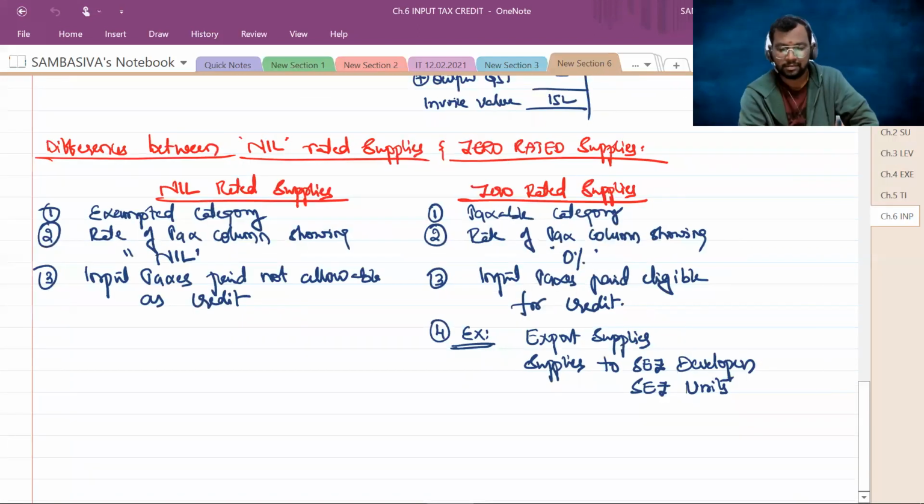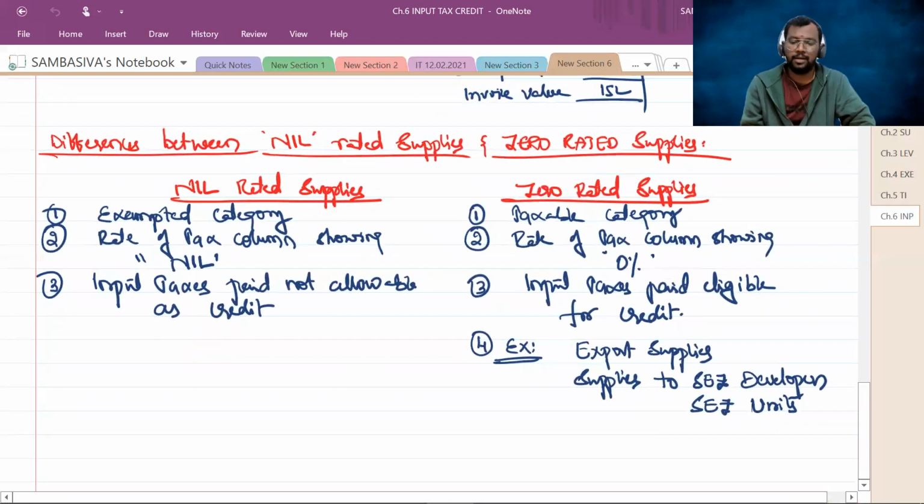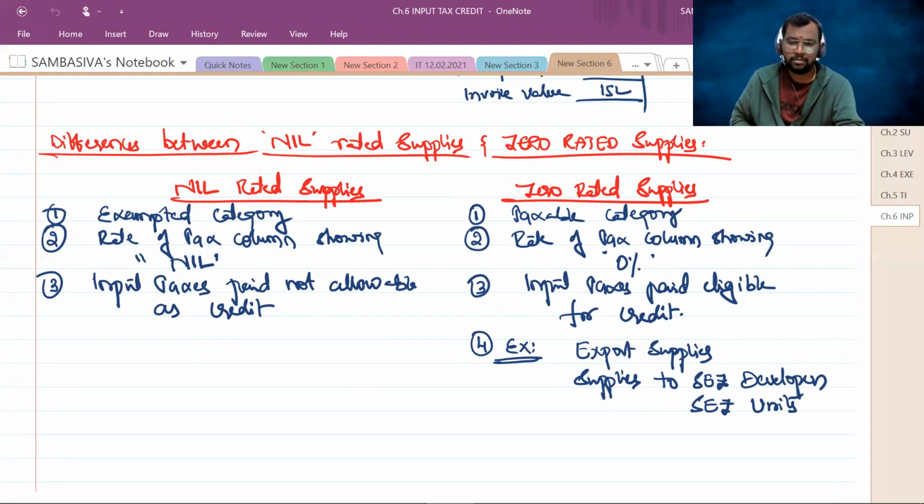Right? See, we need to encourage the exports. Our products will become globally marketable, and by exporting the goods we will get foreign currency reserves.